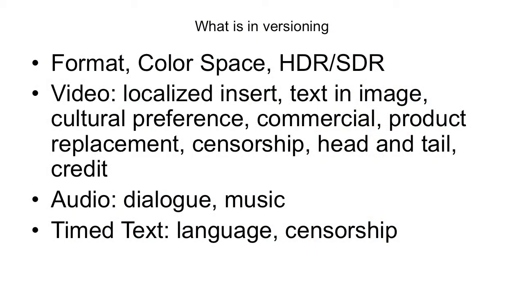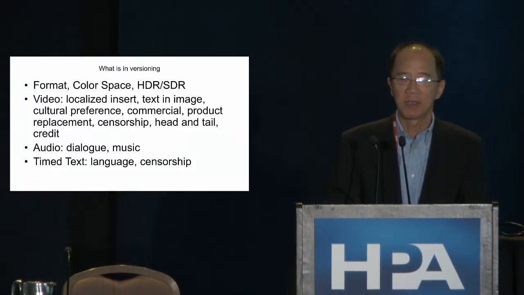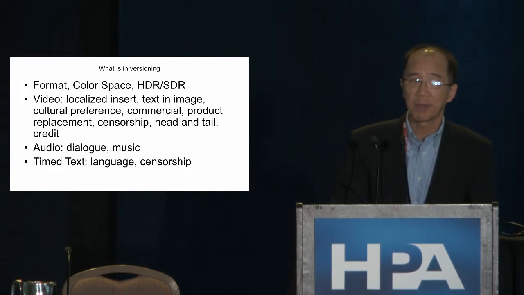First, I'll look at an overview of what's in the versioning, since this has a big impact on the automation. And commonly, it's format and color space. Now we saw different levels, HDR, SDR. In the content itself, there are video, audio, captions, subtitles, and timed text, basically.